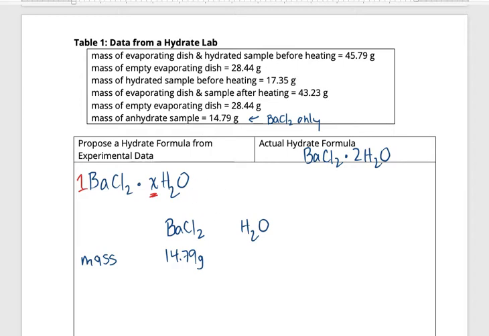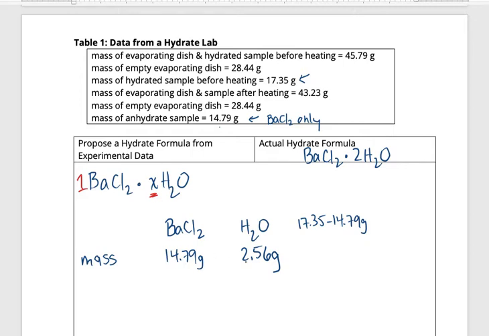We find that by subtracting what we started with, which is this here, and once we heated it, we were only left with this much. So we're just going to subtract: 17.35 minus the 14.79 grams. We subtract those numbers, and we'll find not how much water we need, but how much water was evaporated off. So we found that it's that much.